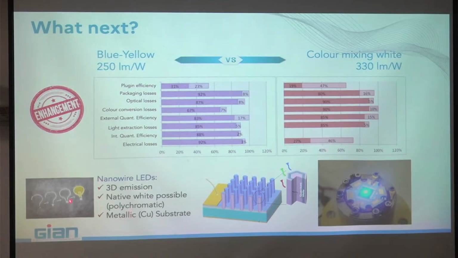Some other ideas is to use nanowires instead of 2D flat chips. And here inside the nanowire, you can have different dopings as a function of the height. And you have, for example, red here, blue here, yellow, green here, and so on. And you can get from the nanowires native white light, mixed white but native.